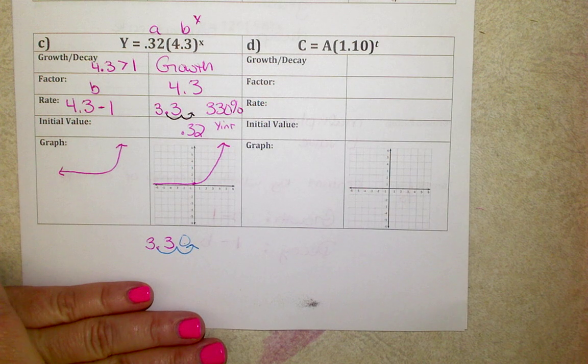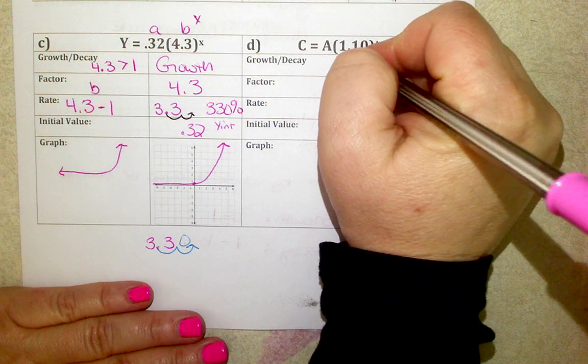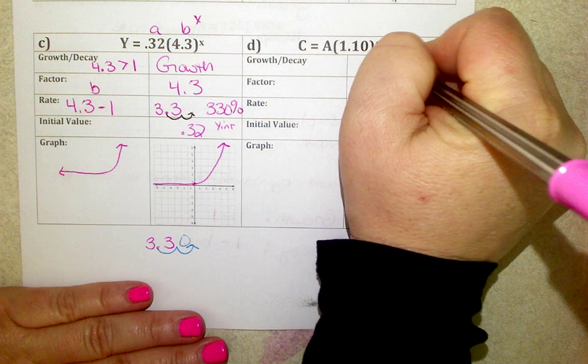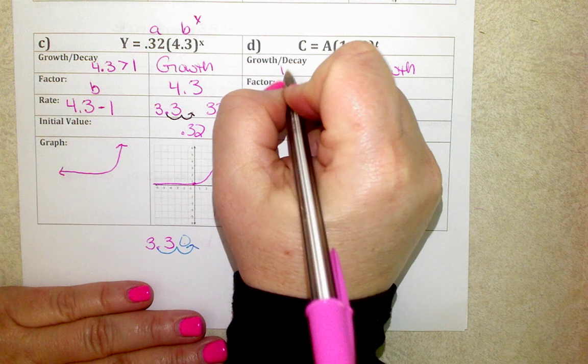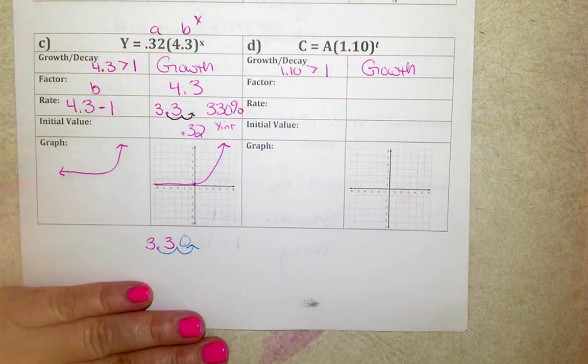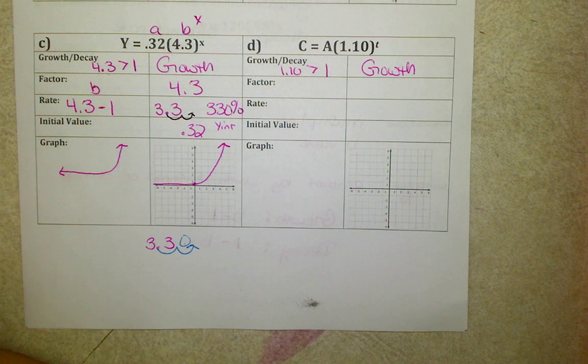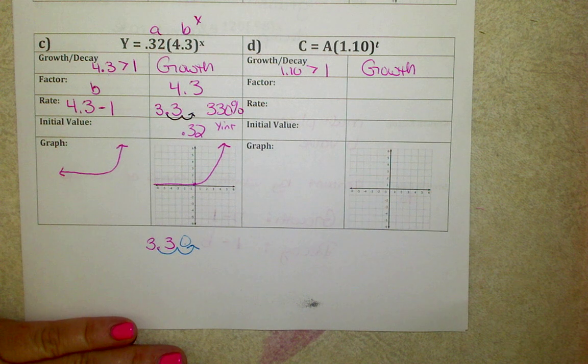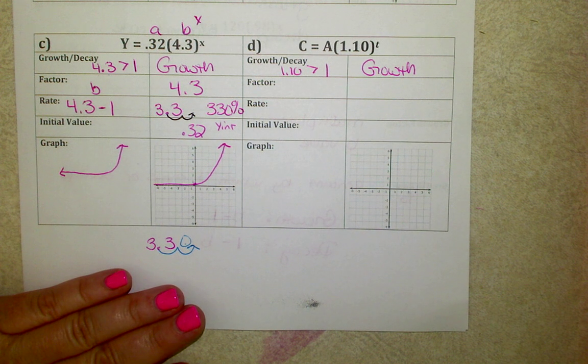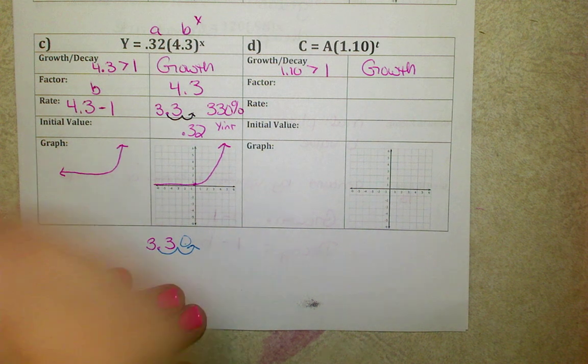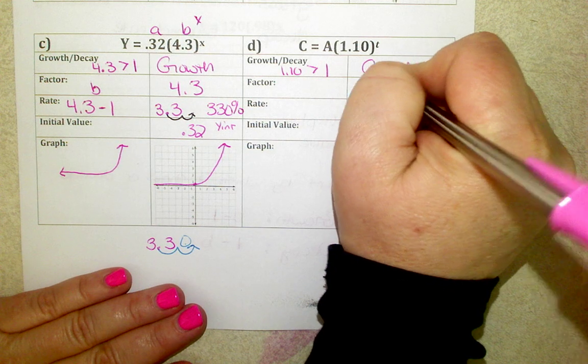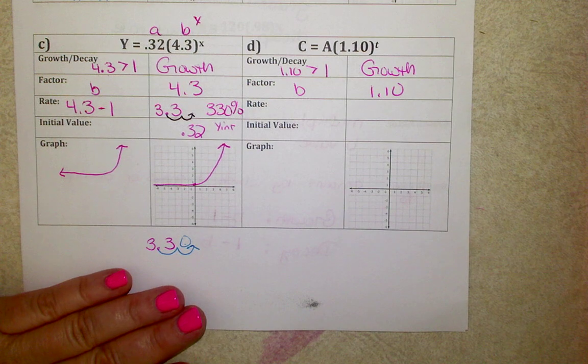Is it growth or decay? Growth. All right, and we know it's growth because 1.10 is bigger than 1. All right, Genesis, your factor. 1.10 because it's always the B value. All right, Josh, your rate.